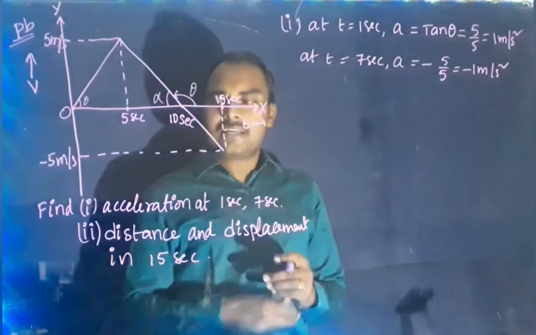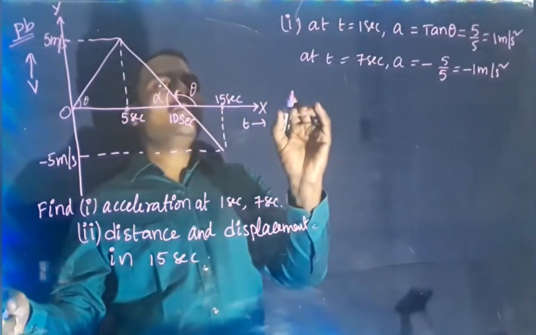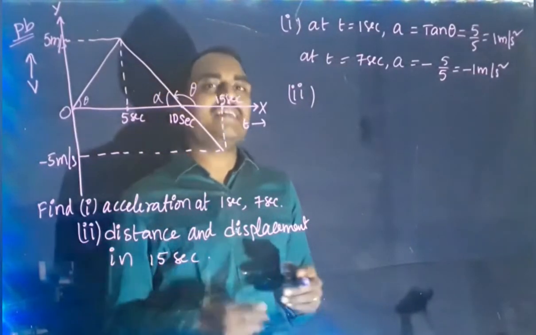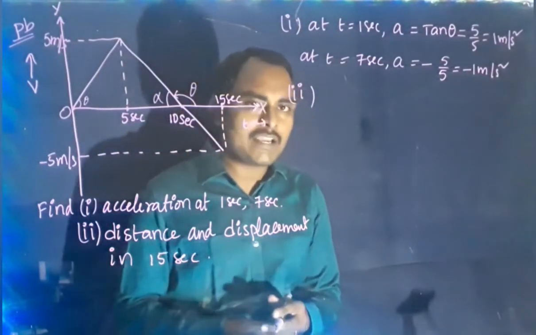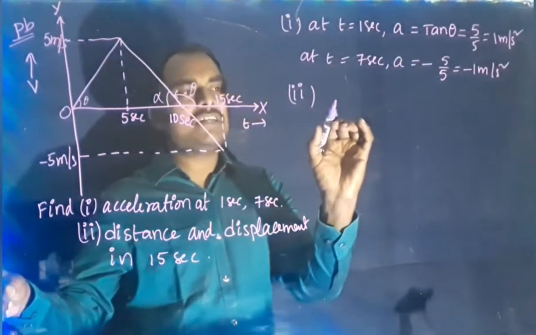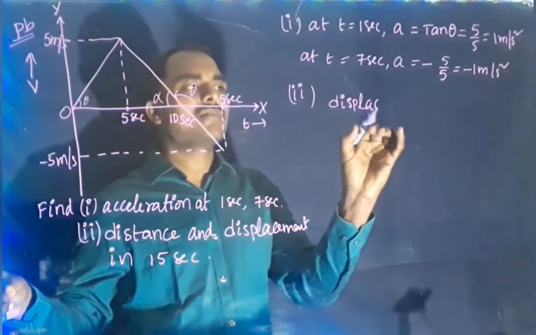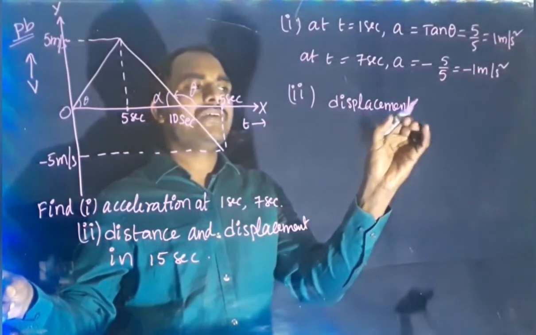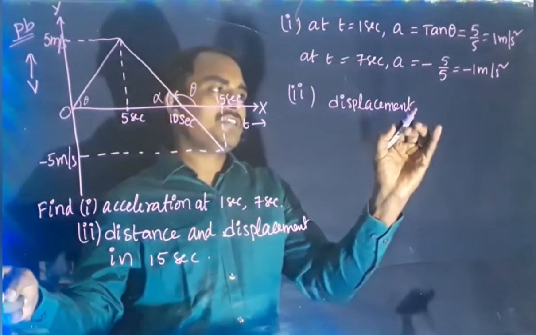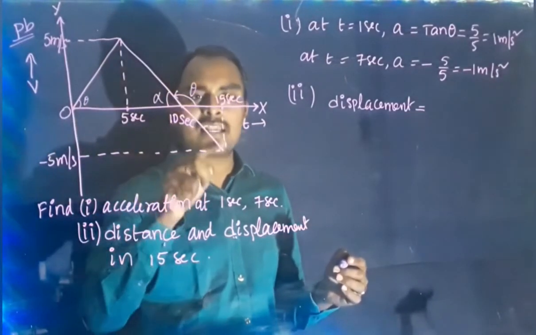Next, let us find distance and displacement. How to find displacement from a velocity time graph? Displacement is nothing but area. The area under the velocity time graph gives displacement. Here this is one triangle, this is another triangle.